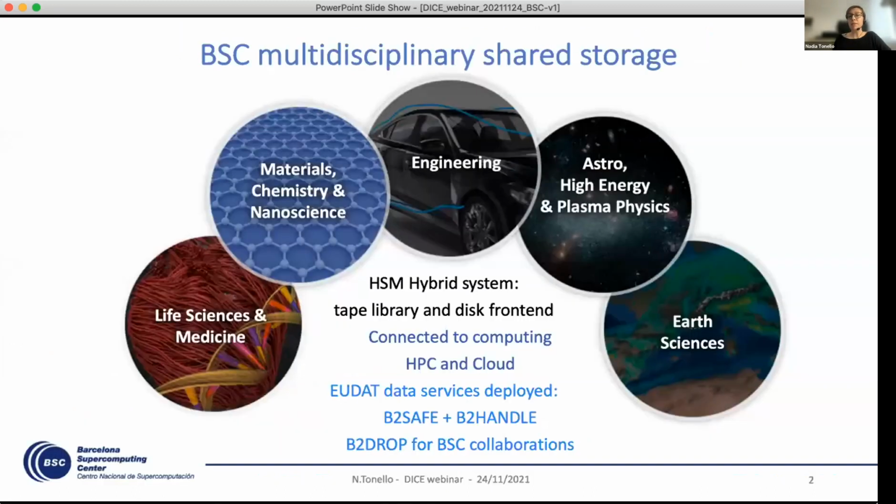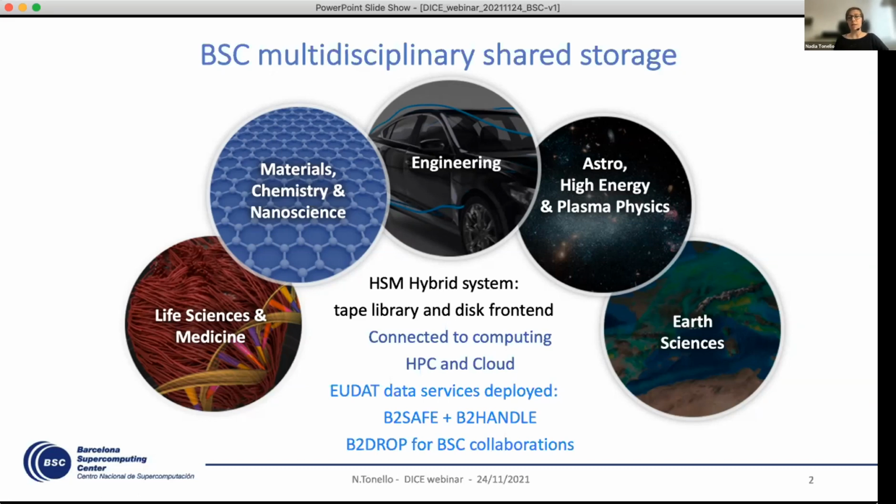So the main characteristic of this storage at BSC is to be multidisciplinary, so it is open to any kind of scientific data that can be hosted here. The system that is managing the storage is a hybrid system.